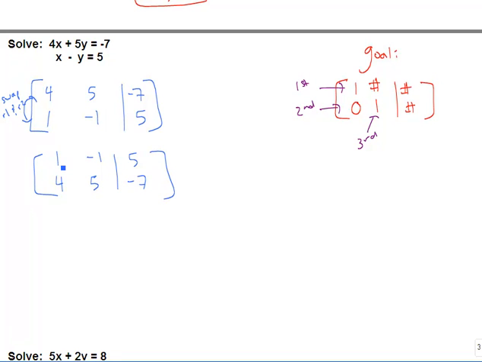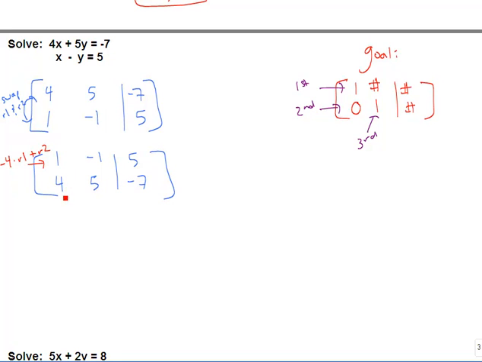Now once you get a 1, you should always be able to get a 0 down below. And the way that we do that is just how we would do it if we wanted to use the elimination method. We would want these two coefficients to be the same number but opposites. So if I want to get rid of a 4, then what I can do is take -4 times row 1 and add that result to row 2.